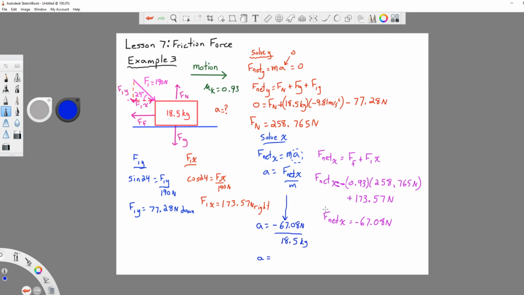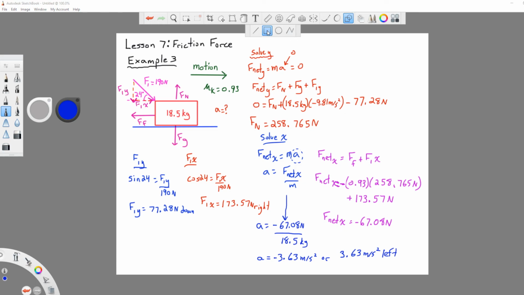So our final acceleration on this thing works out to negative 3.63 meters per second squared. Or we can say that this is equal to 3.63 meters per second squared left.